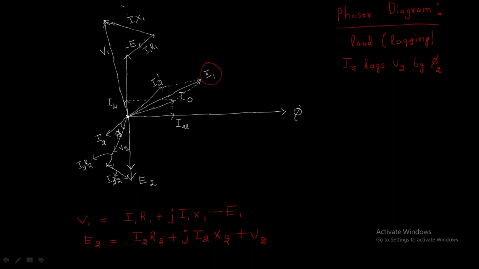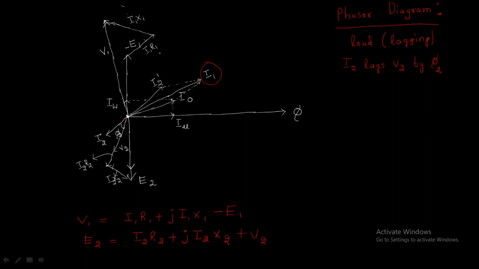And what is our intention? Our intention is to write V1. In order to write V1, we have E1 and we have to draw I1R1 and I1X1. So I1 is here, so minus E1 is here.